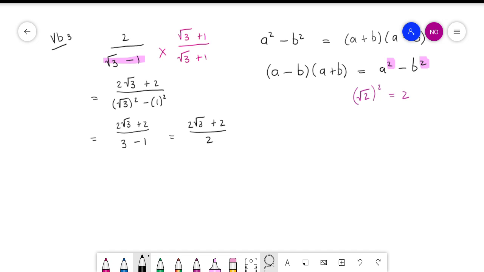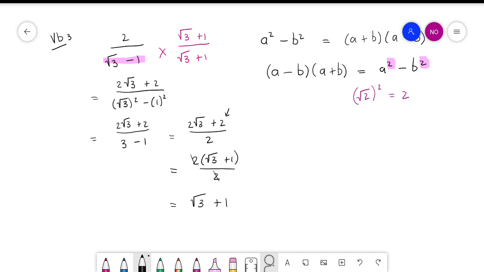I factorize out a 2 at the top. And then those two cancel out. And I just have root 3 plus 1. As jy hier 2 uithaal, wat bly oor in daai term? 'n 1, né?